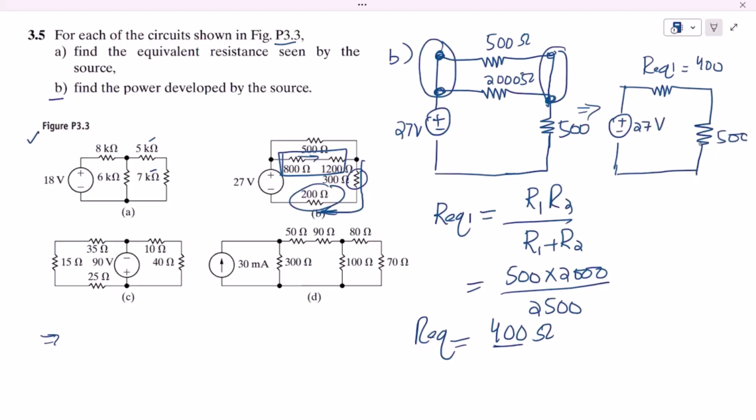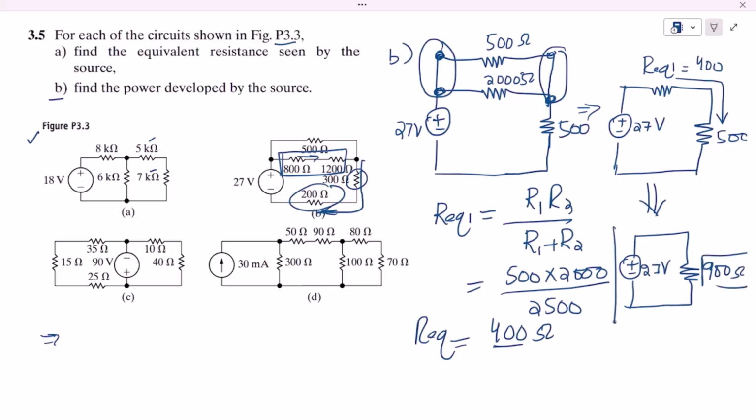Now these two are in series, and to get the final resistance from it, these two will be added together, because in series the values of the resistances are added. So it will be 400 plus 500 is 900 ohm, with 27 volts, and this is the resistance seen by this source. So the R equivalent for it is 900 ohm.